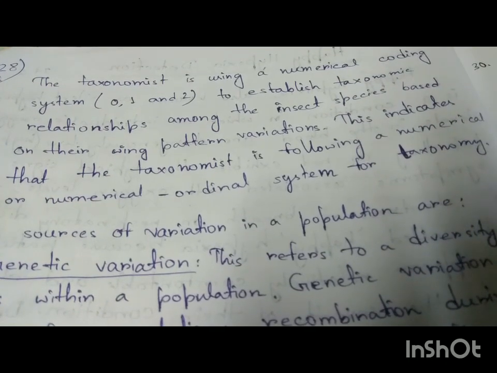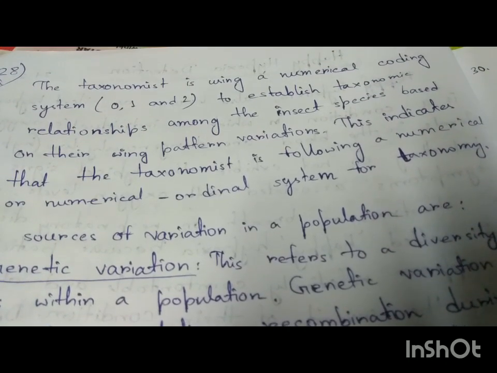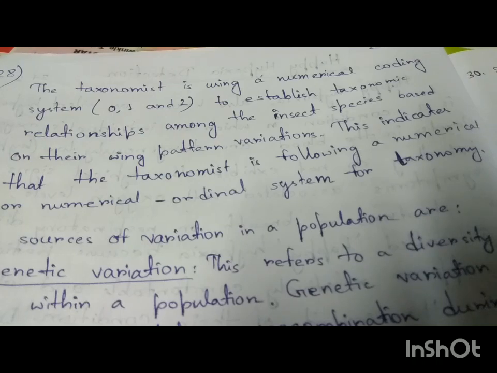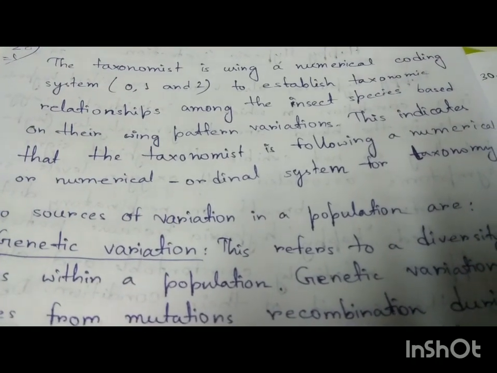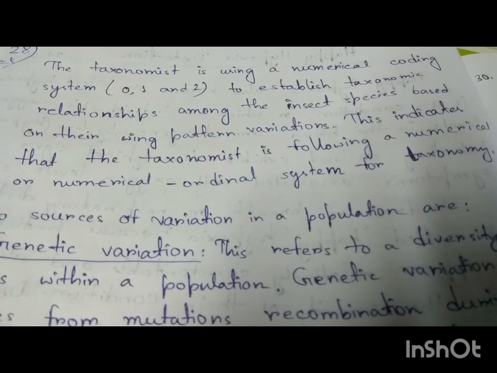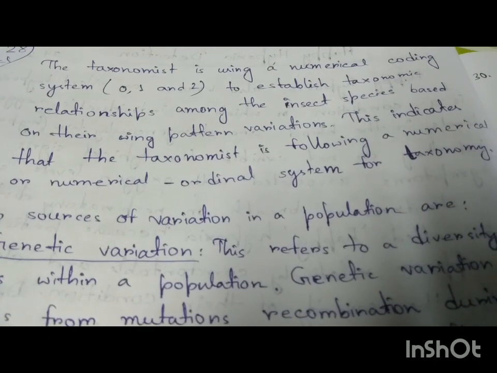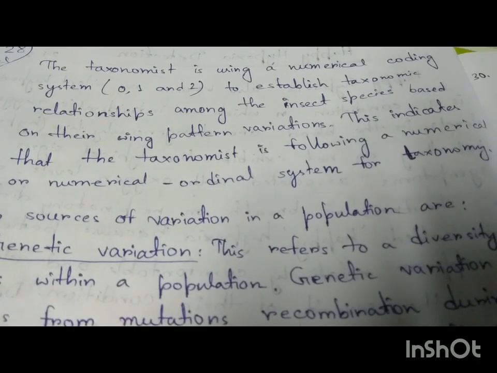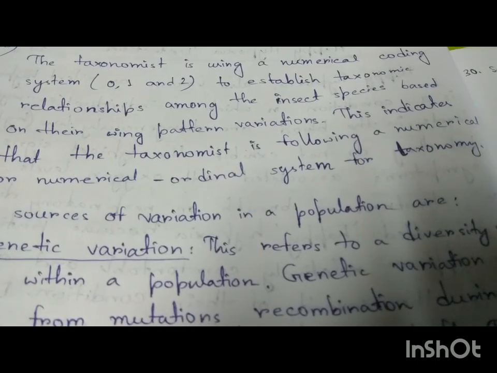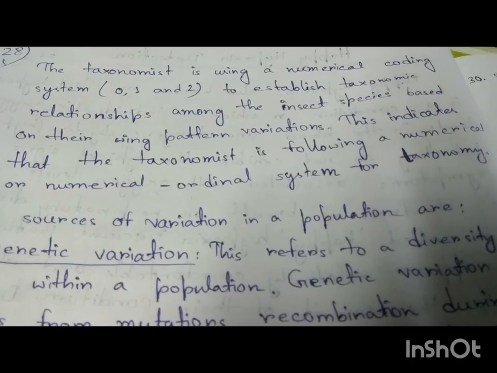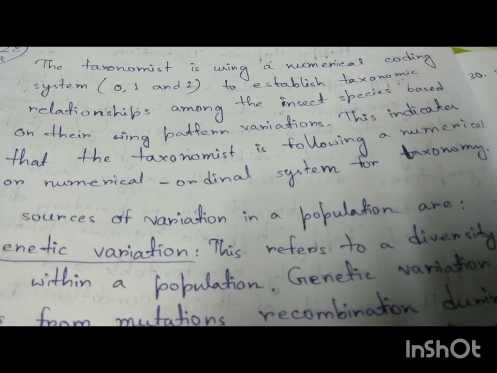What is the basis of taxonomy that he is following? Enumerate 2 sources of variation in a population. This is the answer. The taxonomist is using a numerical coding system, 0, 1 and 2, to establish taxonomic relationships among the insect species based on their wing pattern variations.